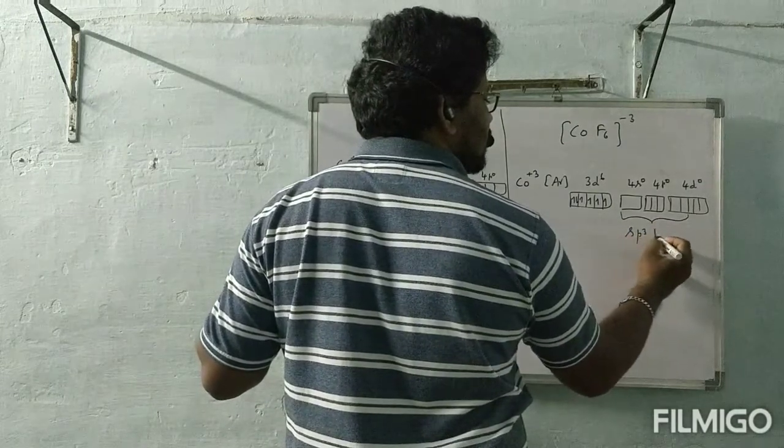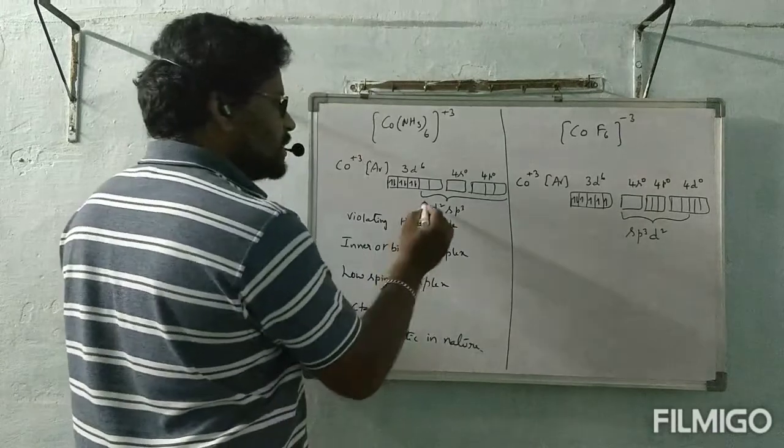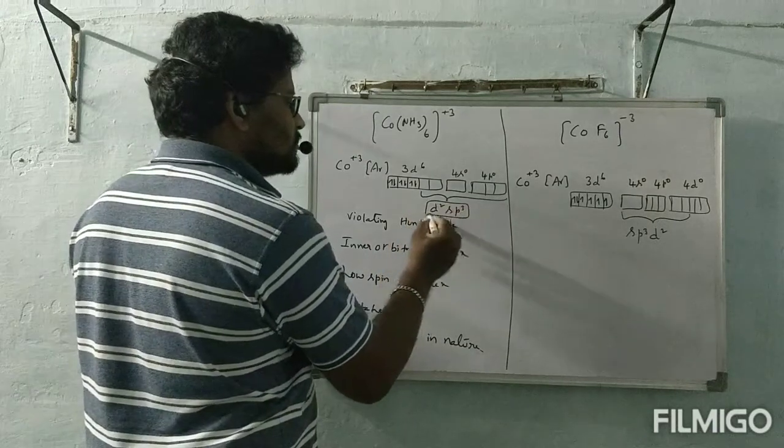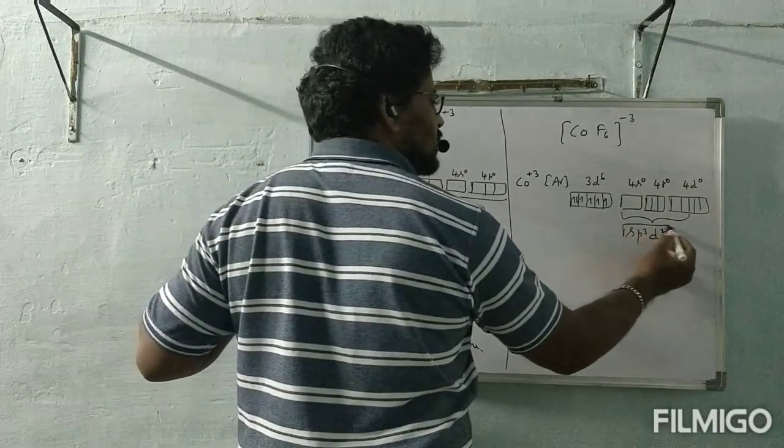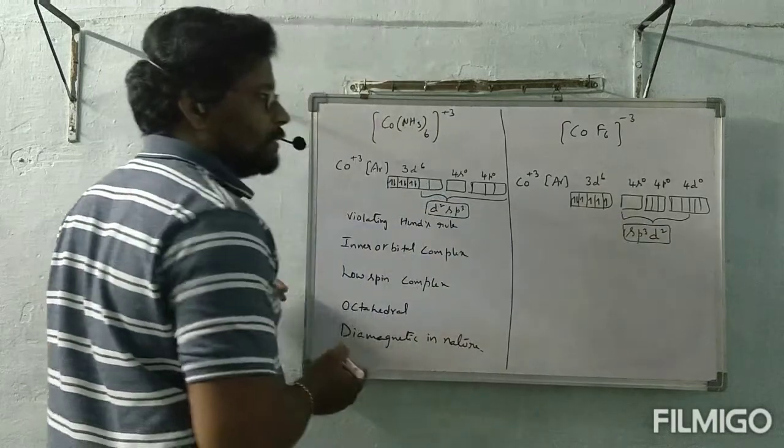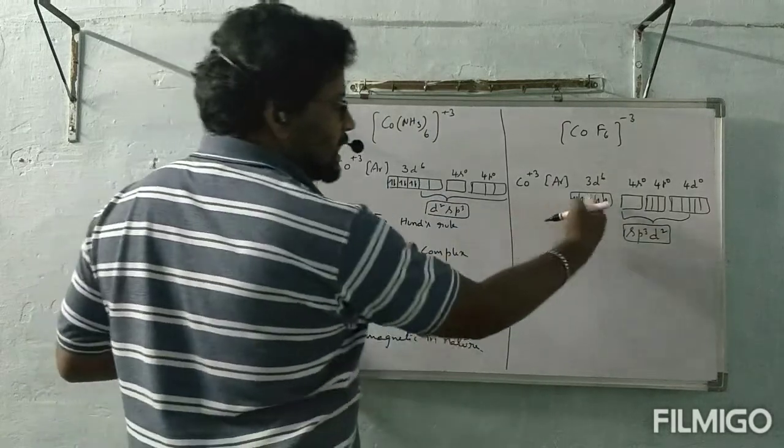Then this is sp3d2 hybridization. The previous one is d2sp3, this is sp3d2 hybridization. 3d6 as it is I wrote.